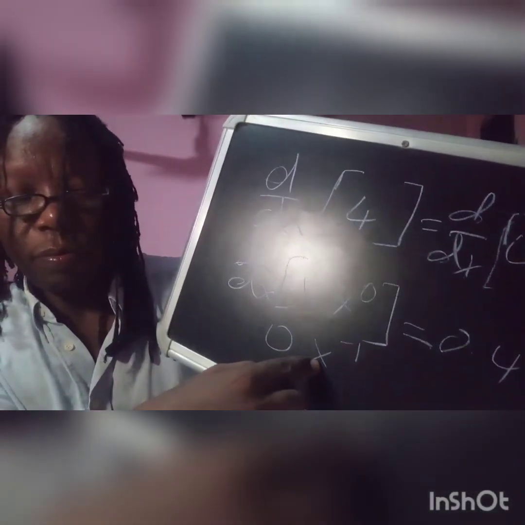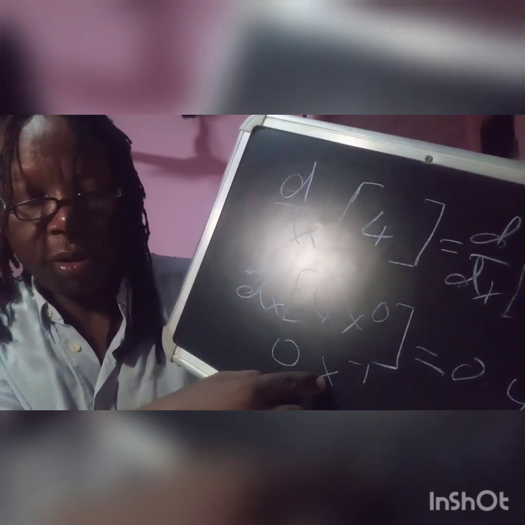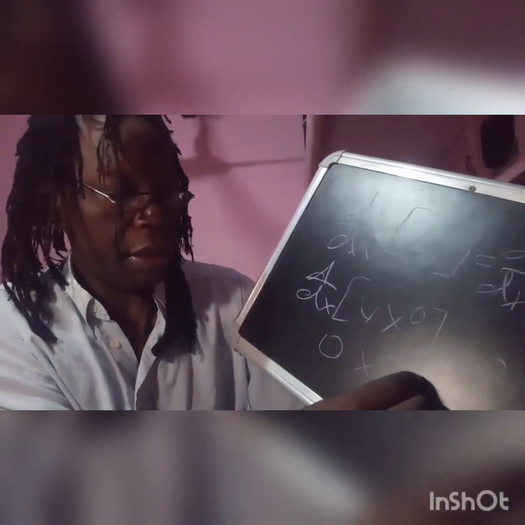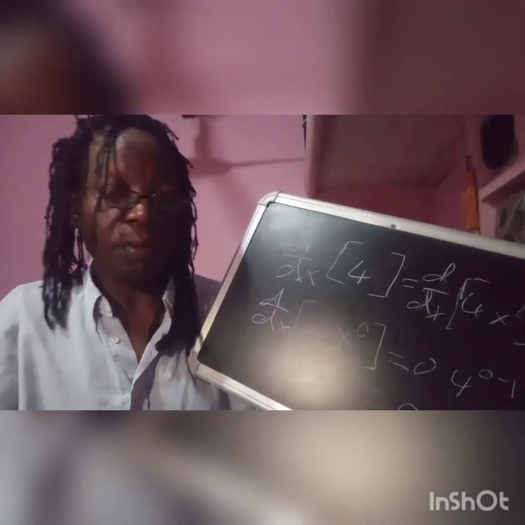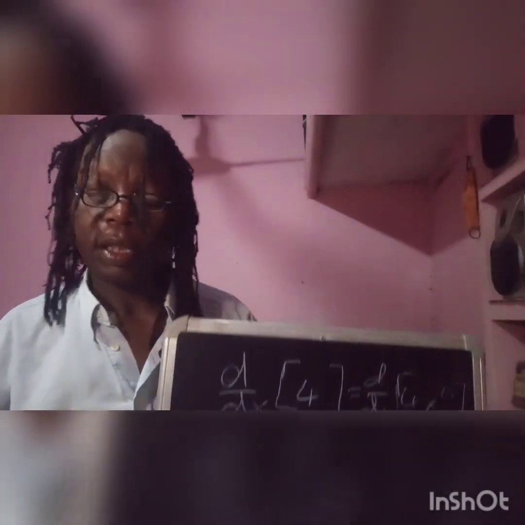Anything multiplied by 0 becomes 0. So you have proved that the derivative of a constant is always 0, because it does not have an exponent or a variable. We don't have to show this when we are doing this, because we know the derivative of a constant is 0, so we normally ignore the steps and just write 0.